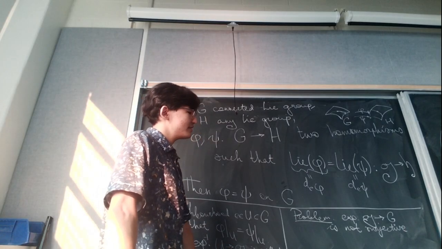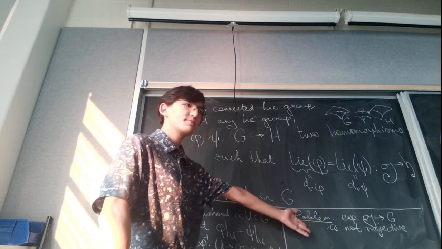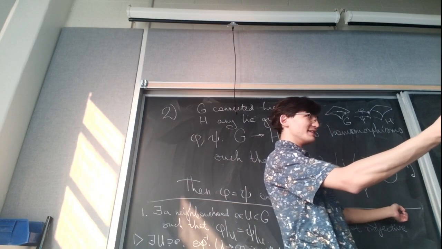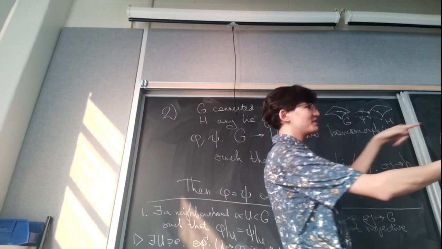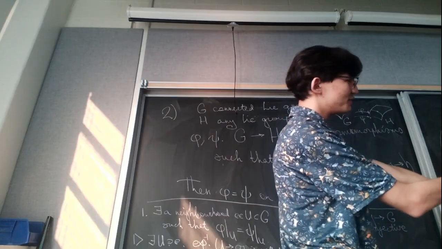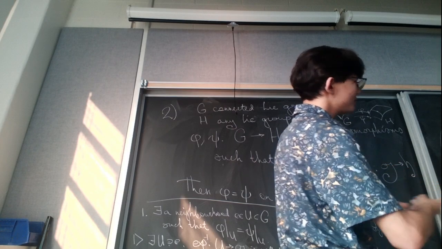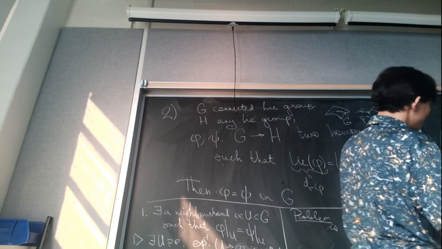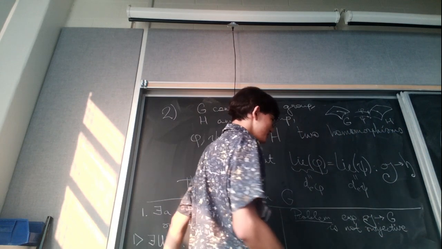And why is this a problem? Because we can't just take an element in G, take some Lie algebra element such that this element is the exponential of that Lie algebra element, and push forward the Lie algebra element and take its exponential in H. Because the map is not surjective.